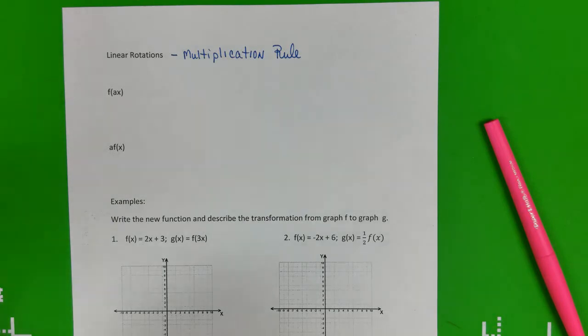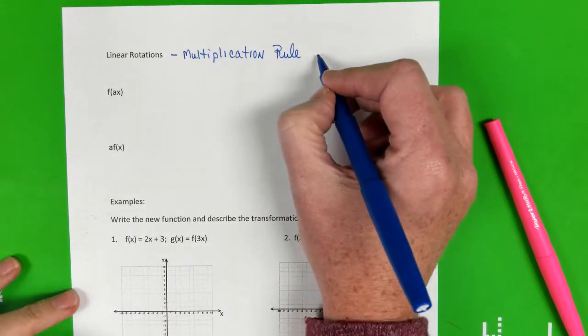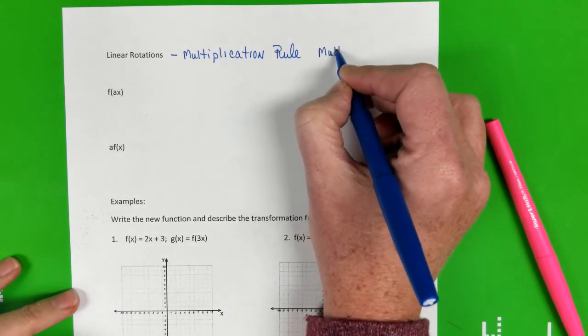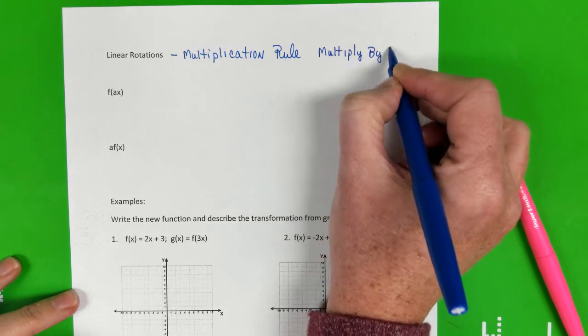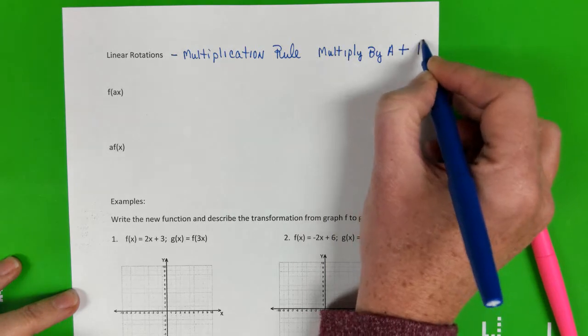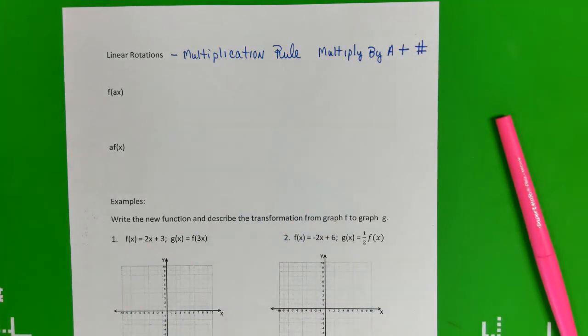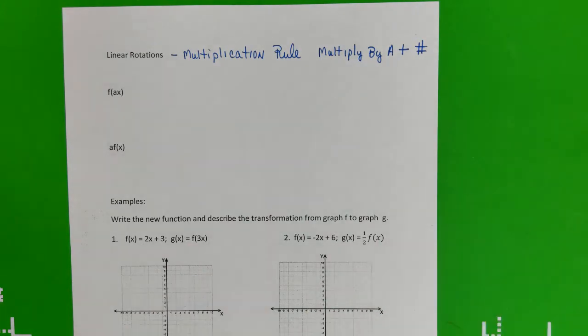Reflections was simply multiplying by a negative. And linear rotations is a multiplication rule, and you multiply by a positive number. If we throw in a negative, then we are adding in a reflection as well.